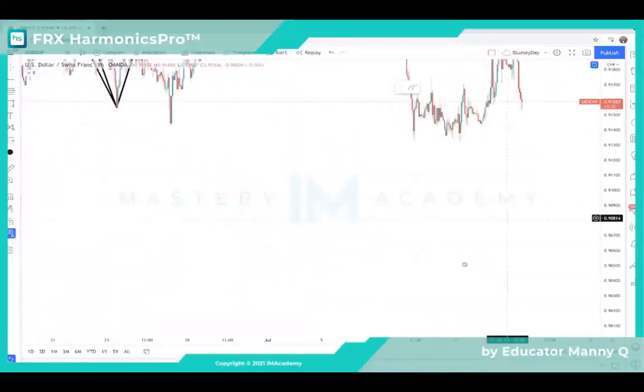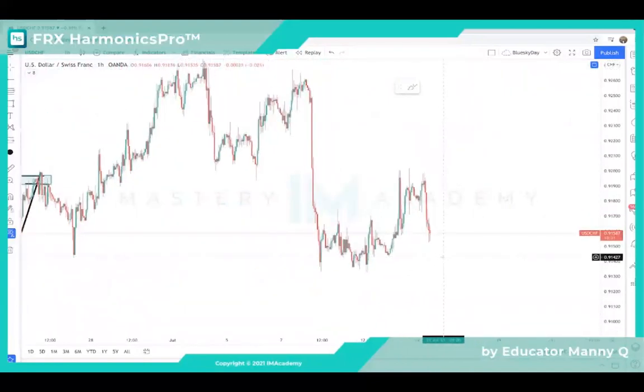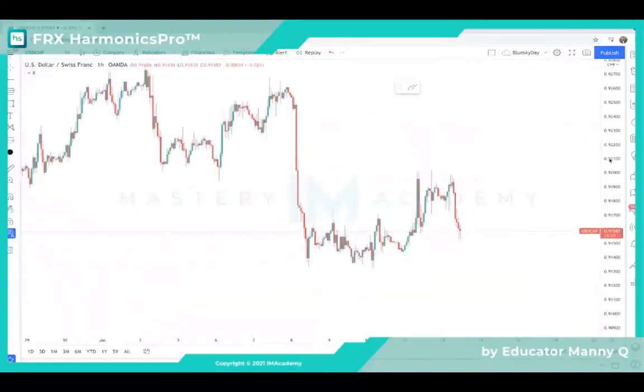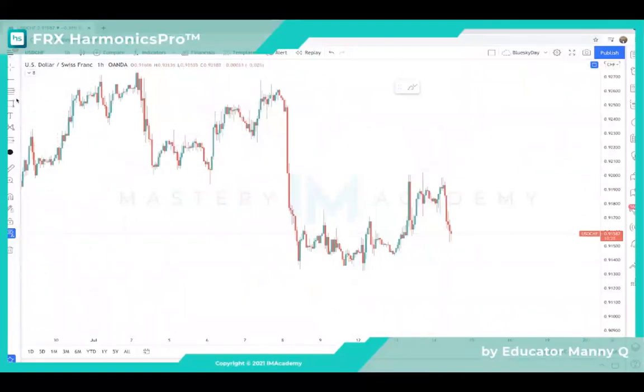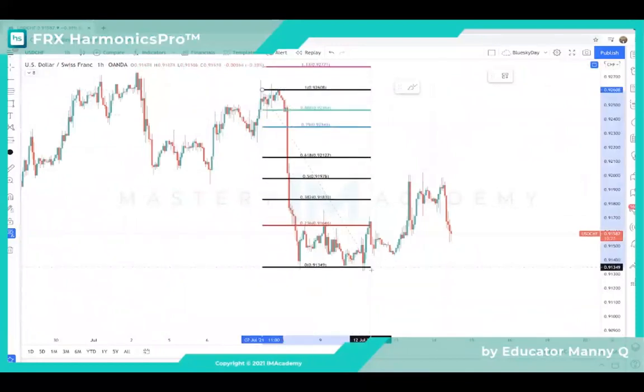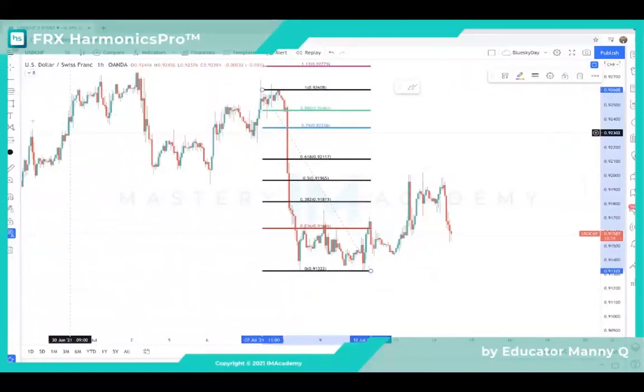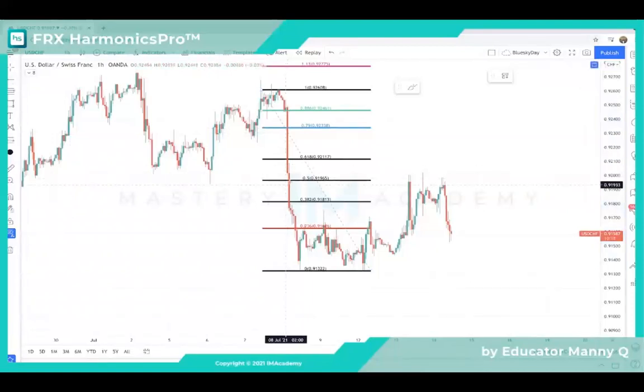So let's take a look at this in real time, right? If we take a look at this in real time, we can take a look at the Fibonacci from the high to the low. And we can see here that the market came around that 50% level right over there. Now, if we look at the Fibonacci, let's look at the pullback right over there.